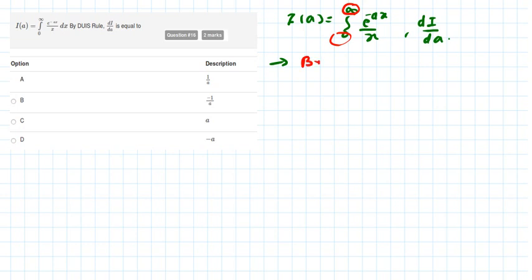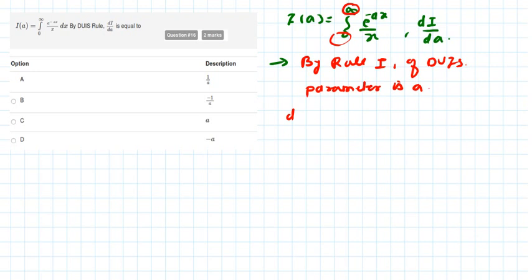So by rule number 1 of DUIS, in this case parameter is a. So rule 1 says, if you will take differential of I with respect to the parameter, there will be change in the RHS. So what will be the change? You need to take the partial derivative of given function e raised to minus ax upon x with respect to the parameter a.